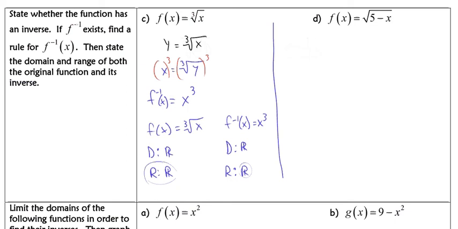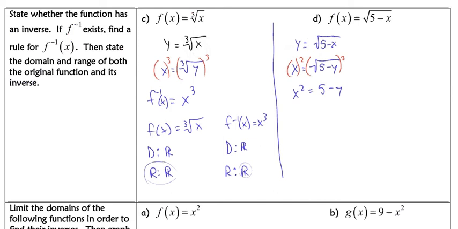So if we start off with y equals the square root of 5 minus x, our inverse is going to be x equals the square root of 5 minus y. Square both sides, and we get x squared equals 5 minus y.